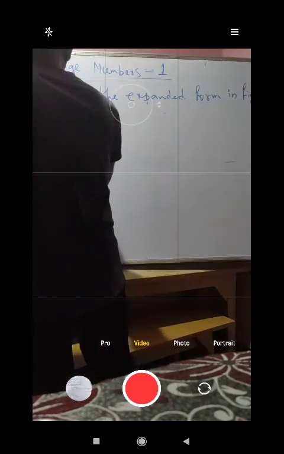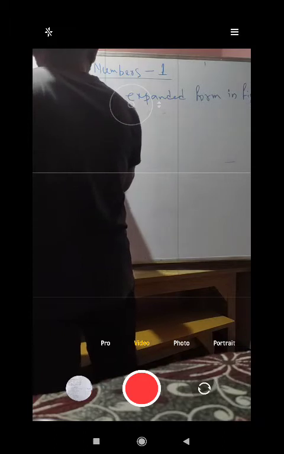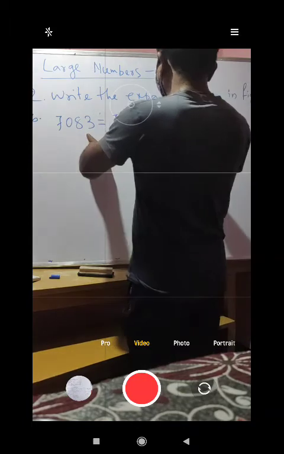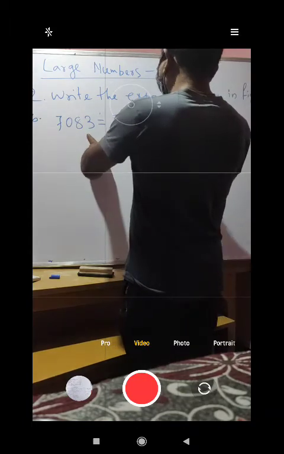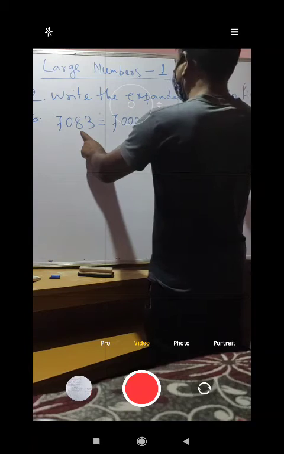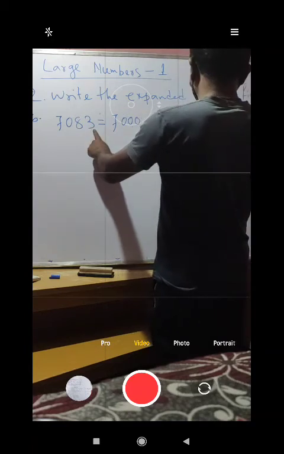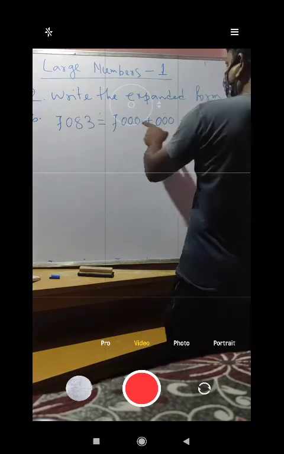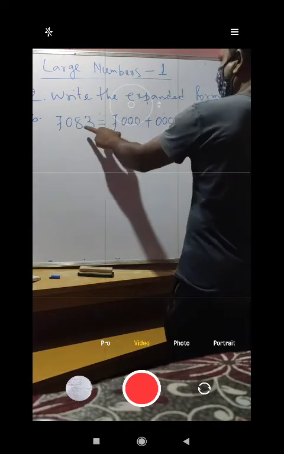Next is 7083. How will we write it? Same way. First of all, it will be 7,000 plus here in 0 we will write like in hundreds figure means 0. After that it will be 80. After that it will be 3. So if we now add these things, it will be 7,083.